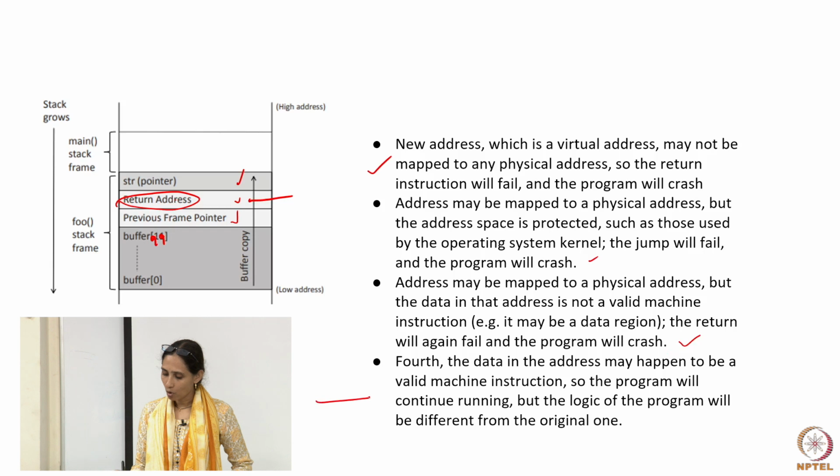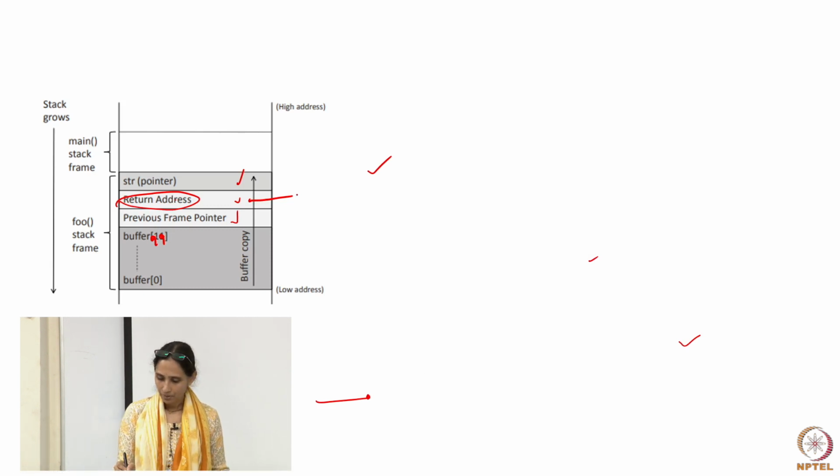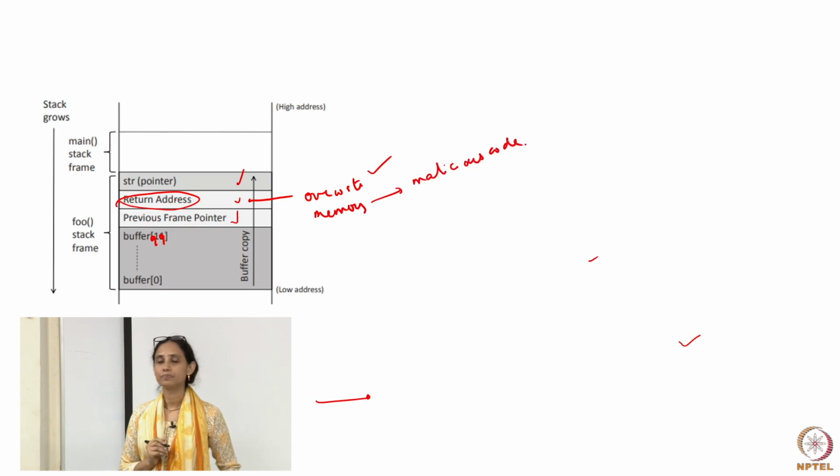And the last is what we are interested in: if it happens to be a valid address within the program, then you will start executing that program. So, if you are able to overwrite to some memory location which is going to execute some malicious code, you can get what you want.